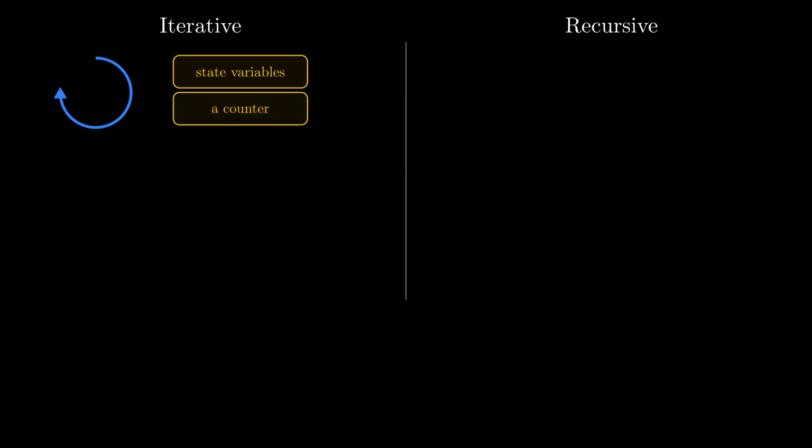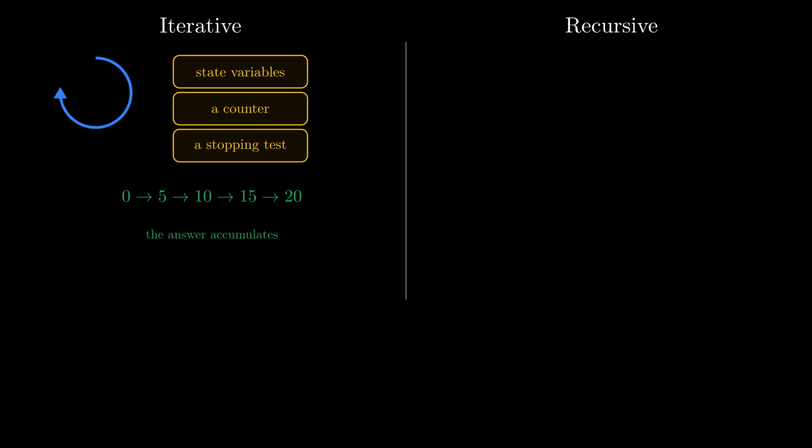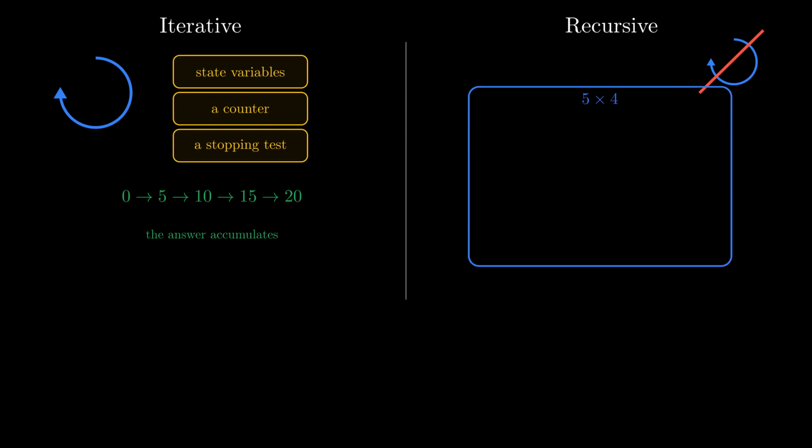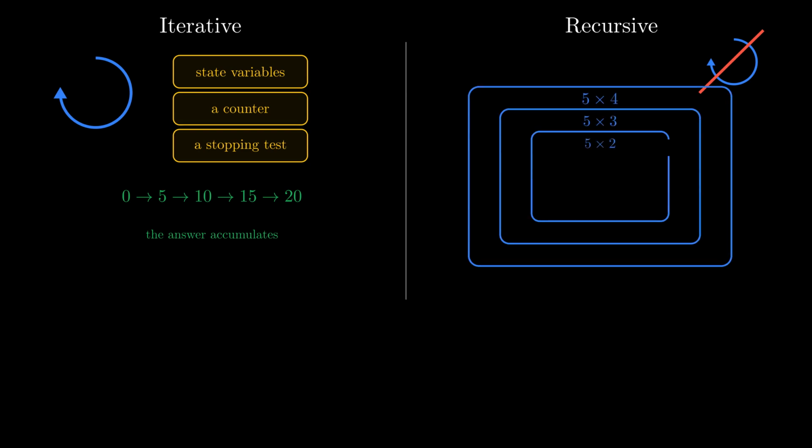Two ways of thinking side by side. The iterative mindset runs the machinery itself, state variables, a counter, a stopping test, updated pass after pass until the answer accumulates. The recursive mindset never runs a loop. It re-expresses the problem as the same problem, slightly smaller, and keeps doing so until it hits a case whose answer it knows outright.